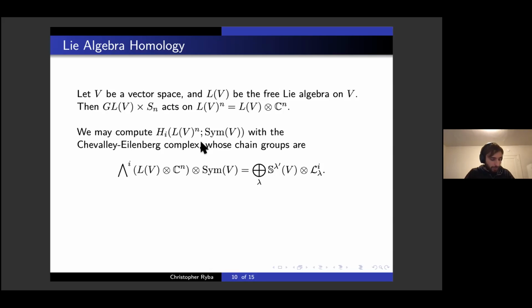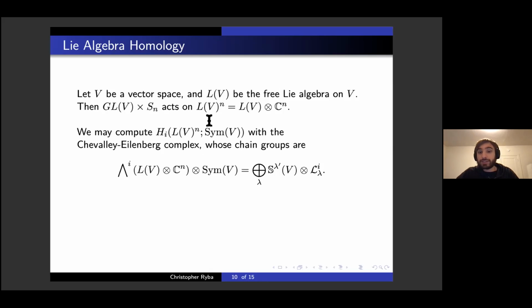And so what I can do with that is I can consider the Lie algebra homology of this new Lie algebra with coefficients in a particular module. So this module is a symmetric algebra on the vector space V, and the action of the symmetric group on it is taken to be trivial. So I'm not going to say too much about what the module structure is.